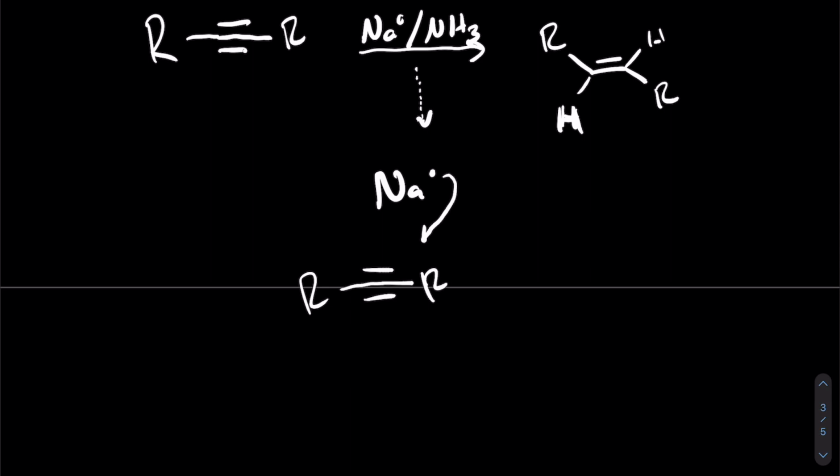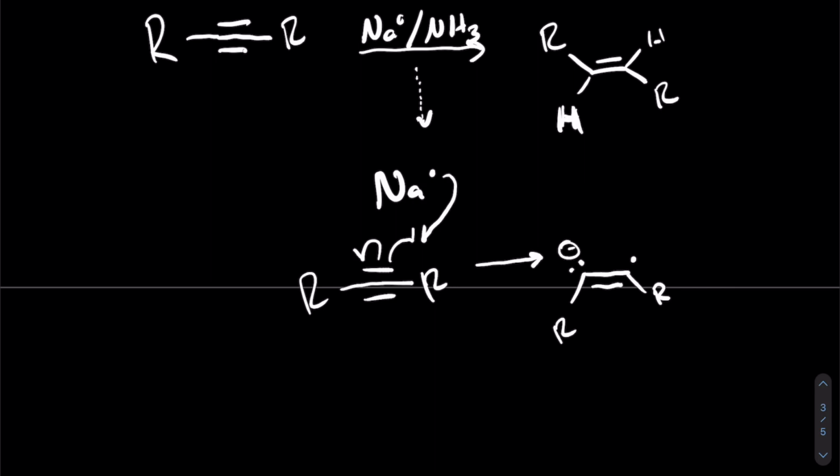One electron from the triple bond is going to go up here, and one is going to go down there. And so what you're going to end up with is something that is actually pretty unstable. This double bond here, and you've got a radical anion, radical on that side.